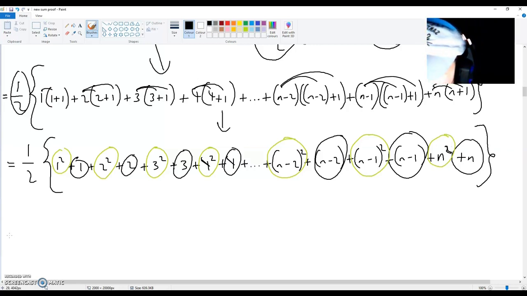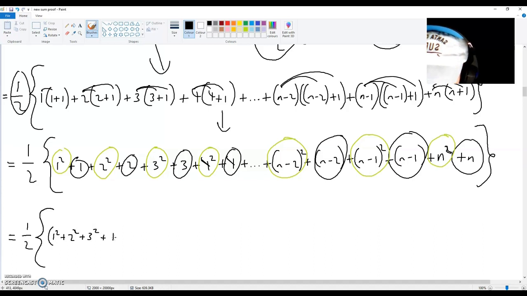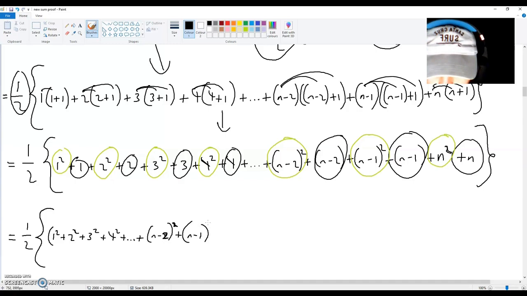So let's get on to the next stage. We are going to end up with a half, and then brackets over here. We'll have more brackets: 1 squared plus 2 squared plus 3 squared plus 4 squared plus, and so on, n-2 squared, plus n-1 squared plus n squared.